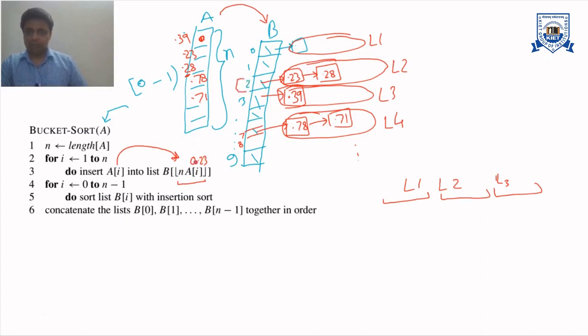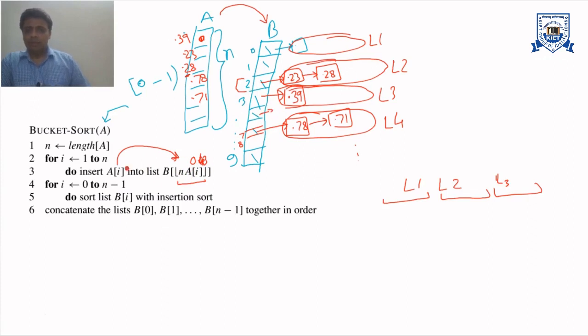Suppose it is 0.43, and the value of n is 10, then 10 times 0.43 is 4.3, and we take the floor function of 4.3, that is 4. So we put 0.43 at index 4. 0.43 would appear here.